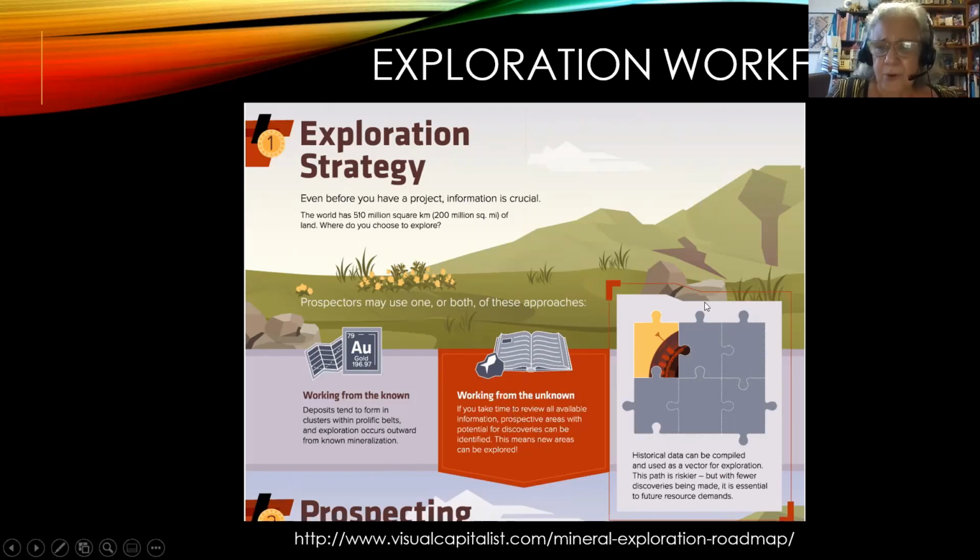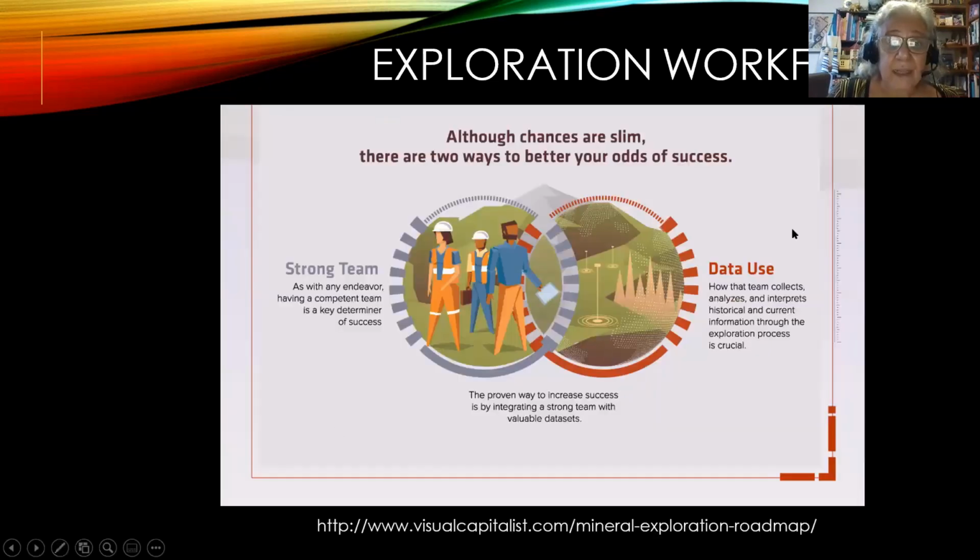And it's important that you can use the historical data that is available and use this as a vector for exploration. So the past is really risky, but if you use all the resources, you will have a better chance to find something.